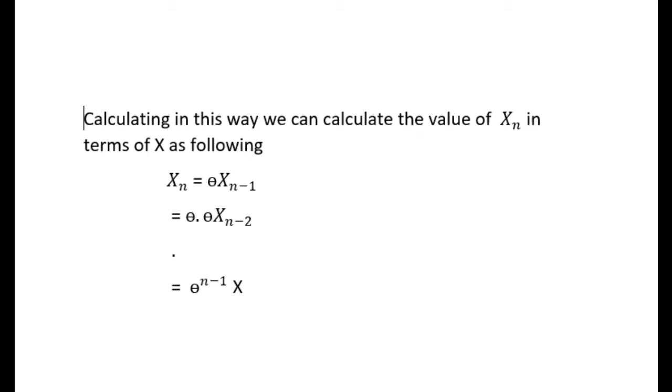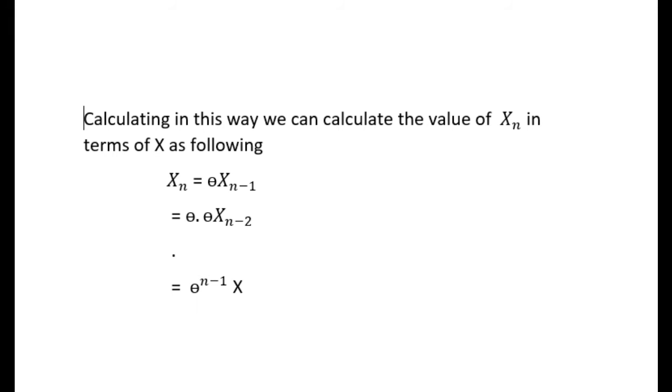Calculating in this way, we can express xn in terms of x as follows. We are given xn equal to theta into xn minus 1, which can be written as theta square into xn minus 2, and so on. So xn equal to theta to the power n minus 1 into x.